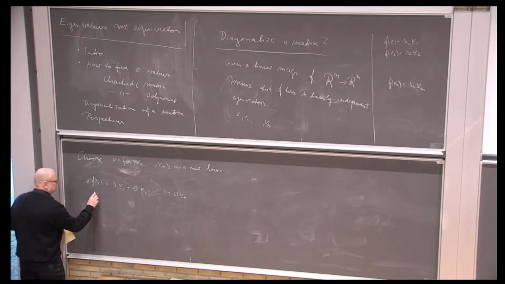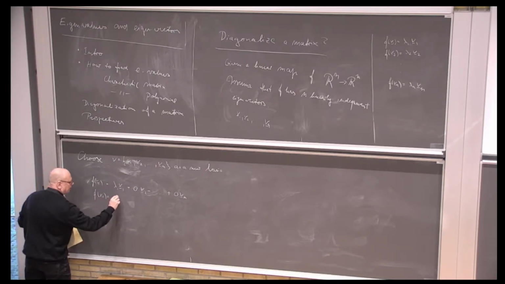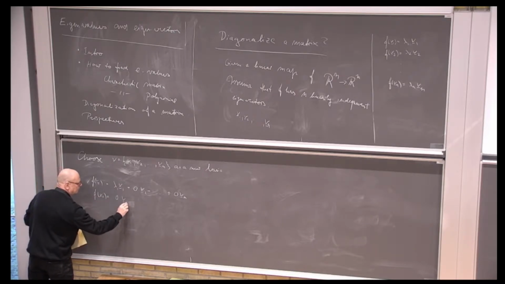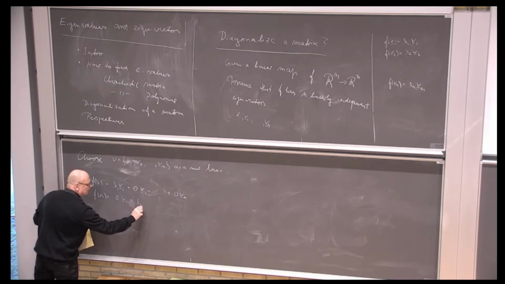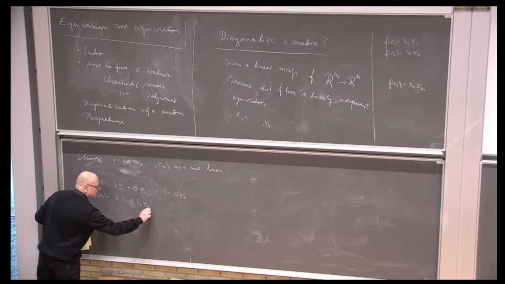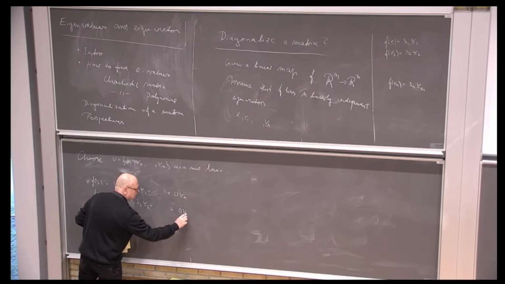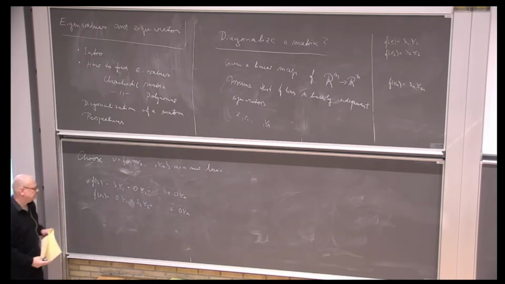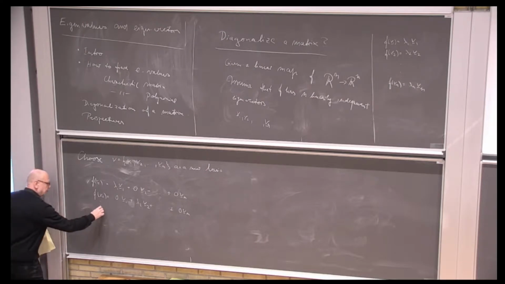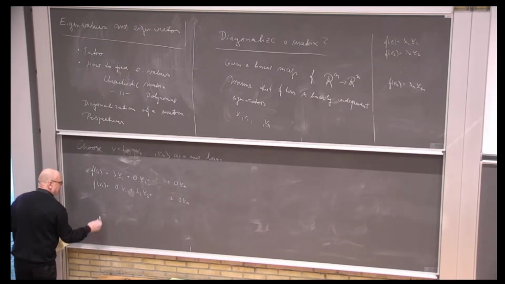And if I take the image of v2, I get 0 times v1 plus lambda2 times v2 plus 0 times vn. And I can continue this.